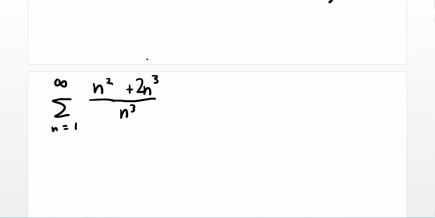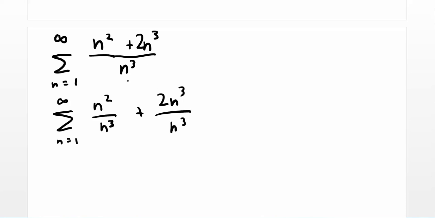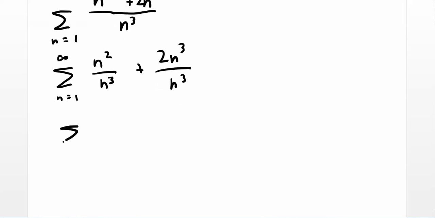So you can see by the divergence test why this is going to diverge, because the limit is 2. But we'll try it with a p-test as well. So we can rewrite this as n squared over n cubed plus 2n cubed over n cubed. This is now 2 series.